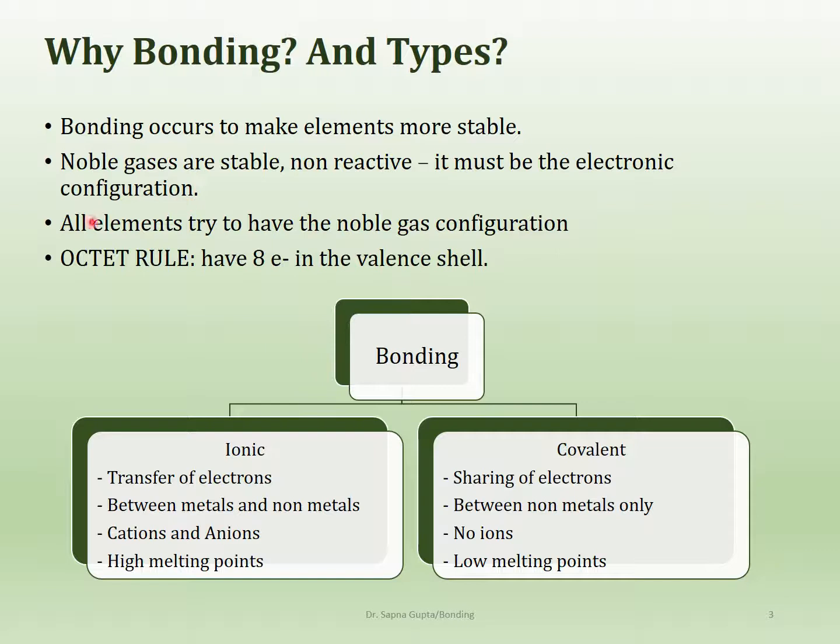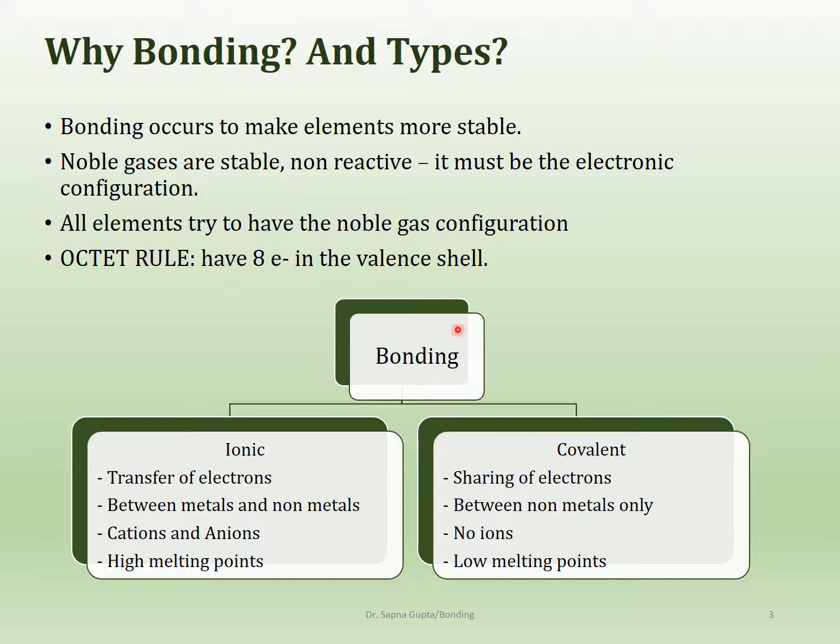So all the elements try to reach that noble gas configuration, which is s2p6. That magic number is 8 electrons in the valence shell. This is called the octet rule. In the octet rule, all elements will try to reach 8 electrons in the valence shell. How they reach there, that's a whole different thing.